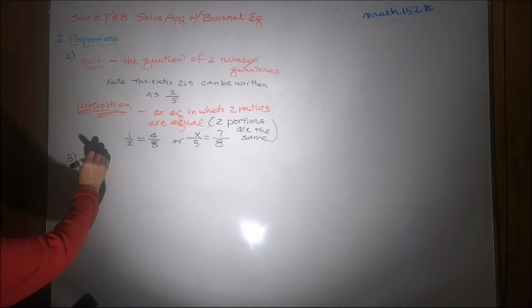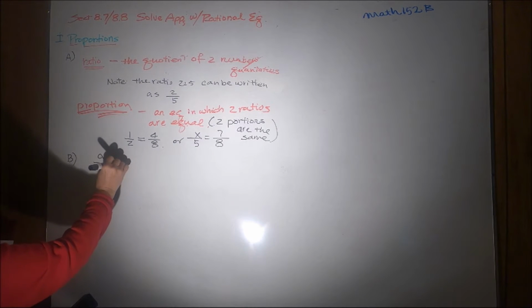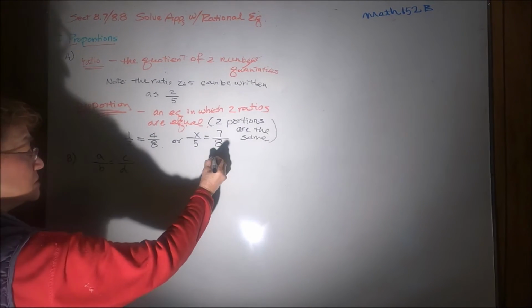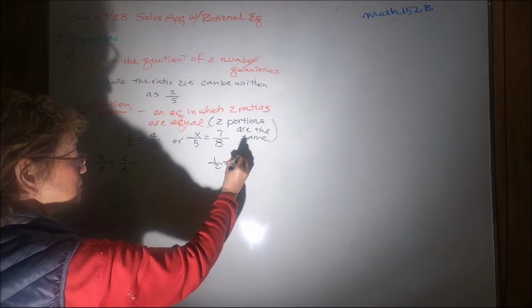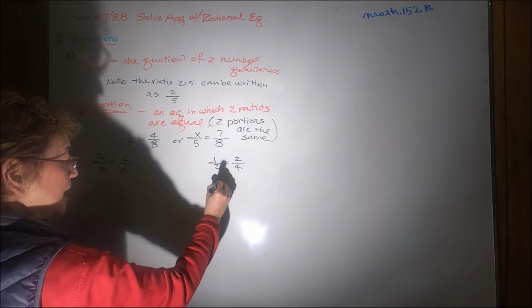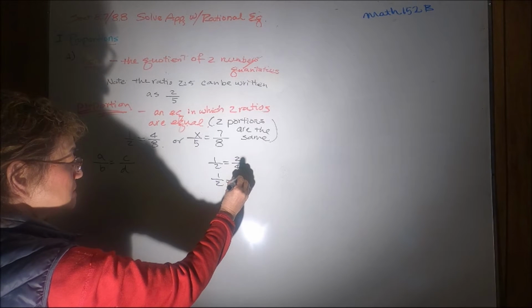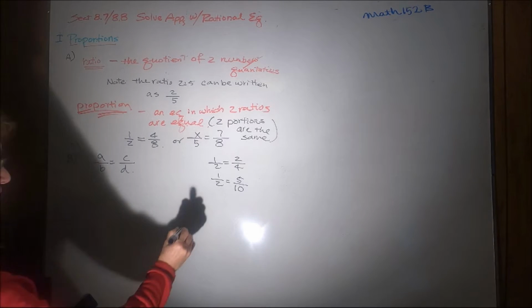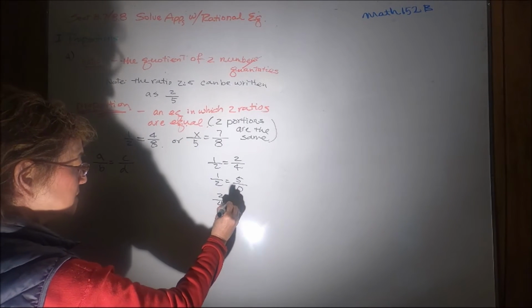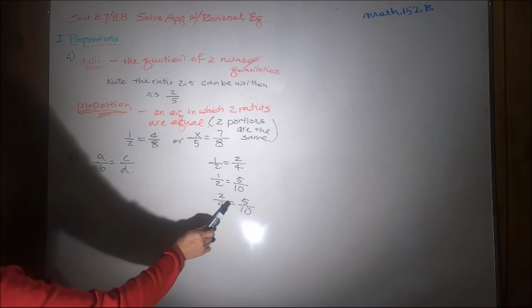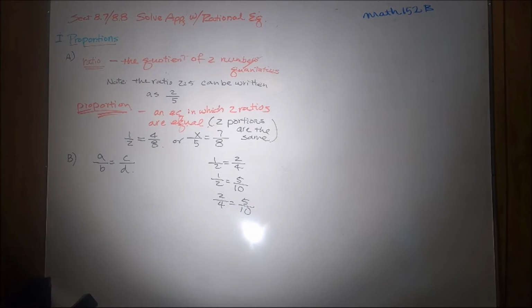Let's see. So if I have A/B equals C/D, let's take a look at some examples. Is 1/2 equals 2/4, and is 2/4 equals 5/10? Yes, because both are half.